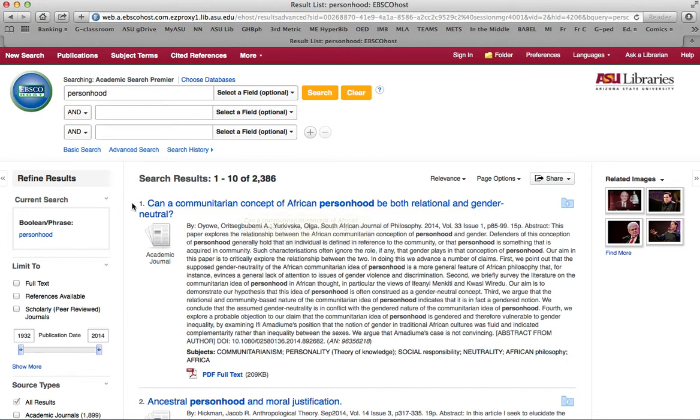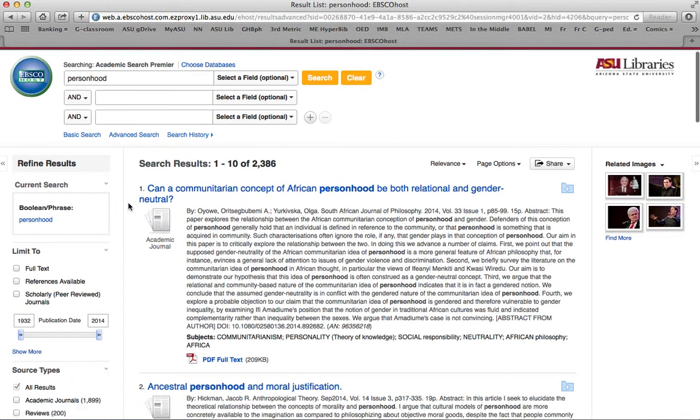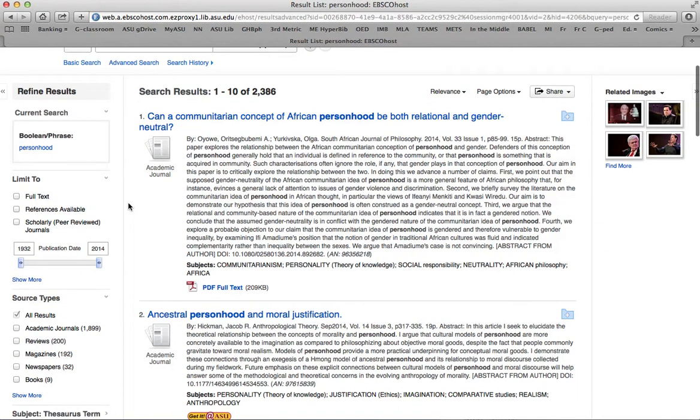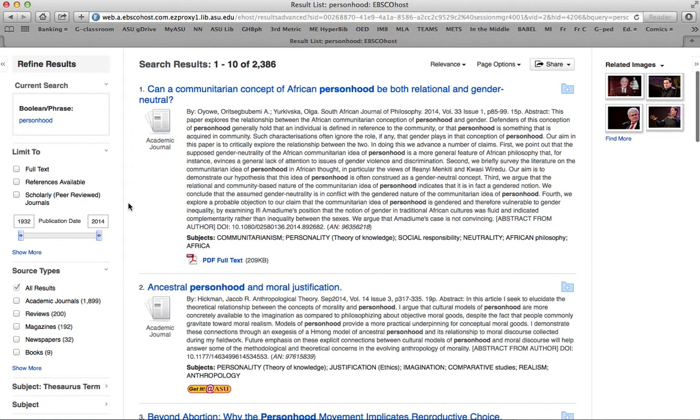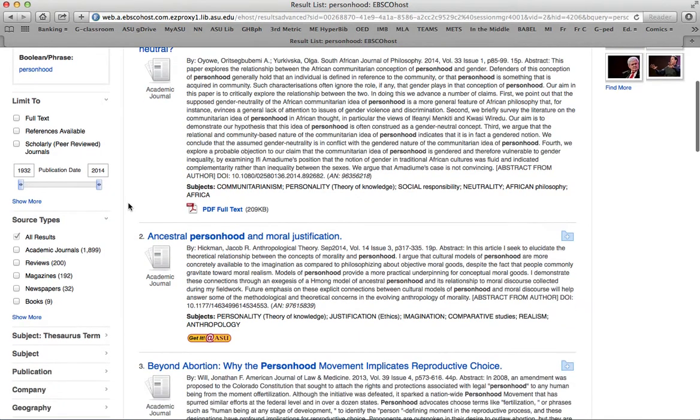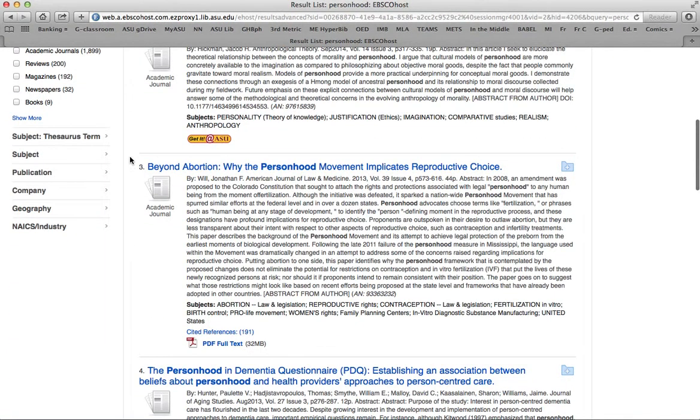That would relate to how those earlier senses of the word are still being used today. So it could be useful, but not necessarily focused on abortion. Ancestral personhood and moral justification, again, it kind of has that educational, rational, moral valence. Beyond abortion, why the personhood movement implicates reproductive choice. So here's another article that could be useful for that.